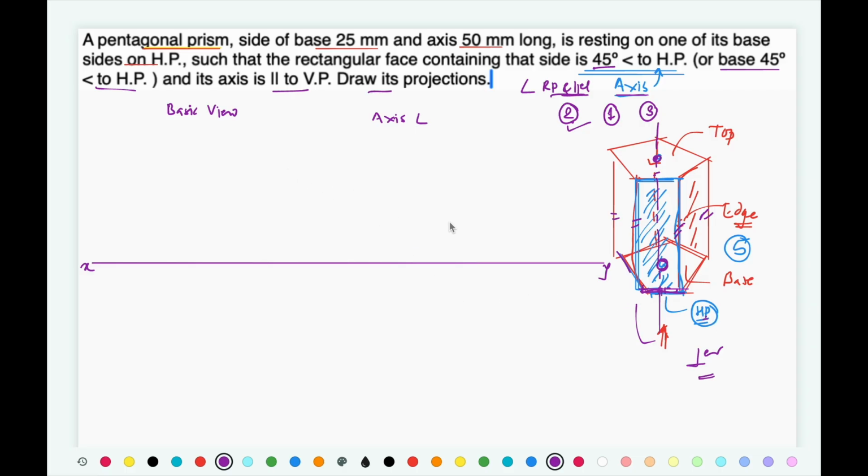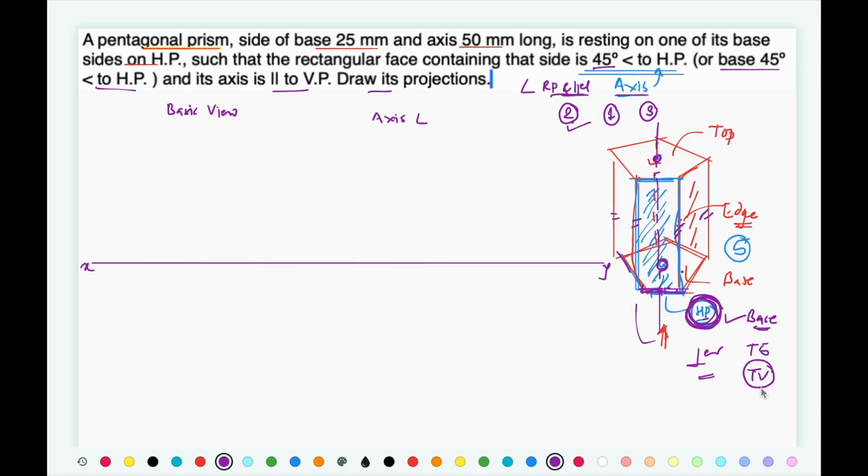While drawing the basic view, we need to make that solid completely rest in HP. As it was resting on one of the features in HP, we need to make it completely rest in HP, so that its base will be in HP. So when you make it rest in HP on its base, the true shape of its base will be visible in HP, and HP is nothing but the top view.